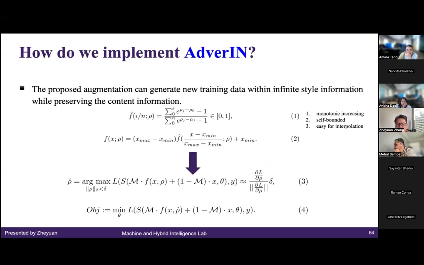To do this, we need to design a function such that you can do an interpolation on the original samples. So here, the function is defined like this. The reason to define this is that this function has very good properties. First, it's monotonically increasing, and its value is bounded by 0 and 1.